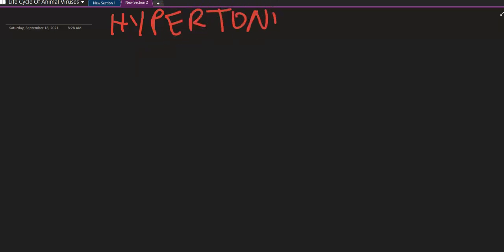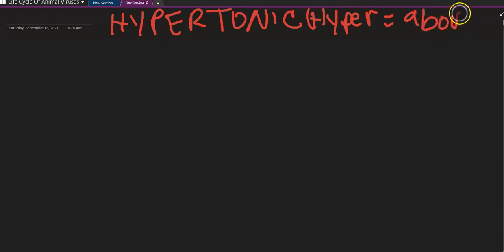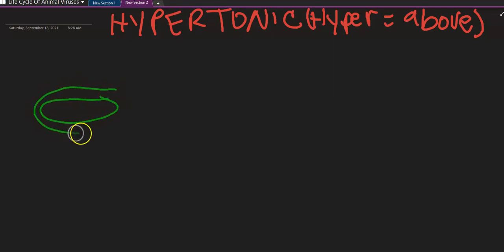If hypo means below, hyper means above. So here is our isotonic cell with a cell wall. Let's go ahead and write this down.